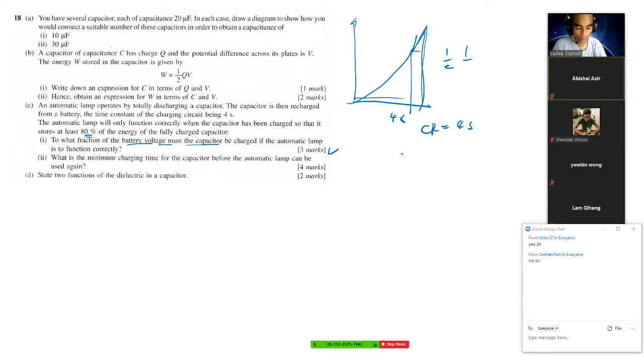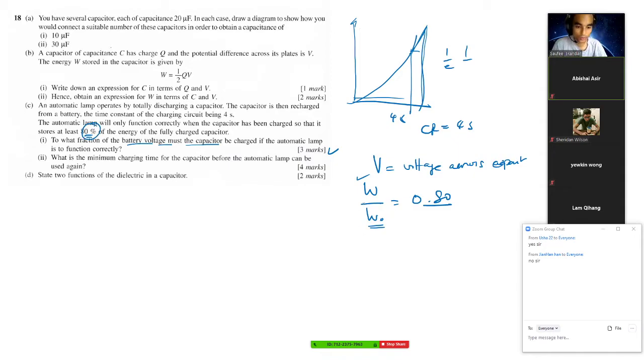So we put V as the voltage across the capacitor, and W over W naught is output per input, so it will be 0.80, because we have 80%.